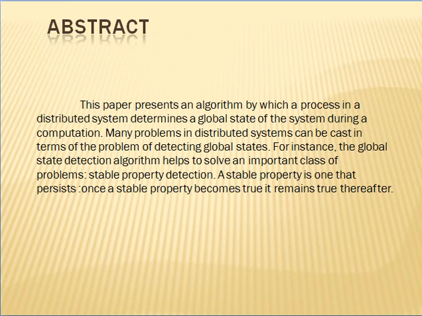Some examples of stable properties are that computation has terminated, the system has become deadlocked, or all the tokens in a token ring have disappeared. The stable property detection problem is that of devising an algorithm to detect a given stable property. Global state detection can also be used in checkpointing.